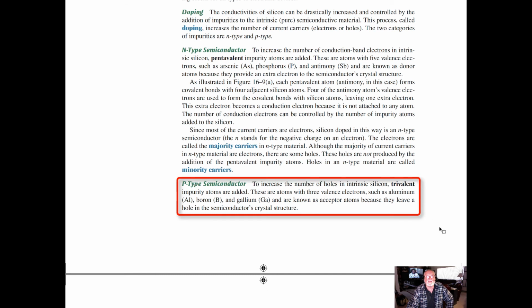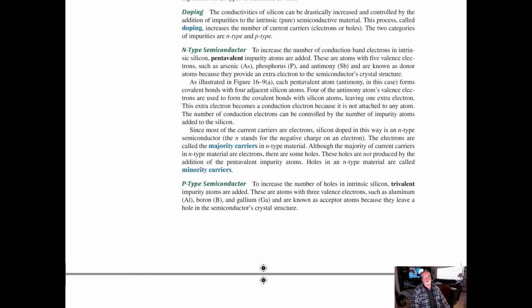For the P semiconductor, to increase the number of holes in intrinsic silicon, a trivalent impurity atom is added. In this case, we want to add atoms with 3 valence electrons, so we might use aluminum, boron, and gallium, which are known as acceptor atoms because they leave a hole in the semiconductor's crystal structure.